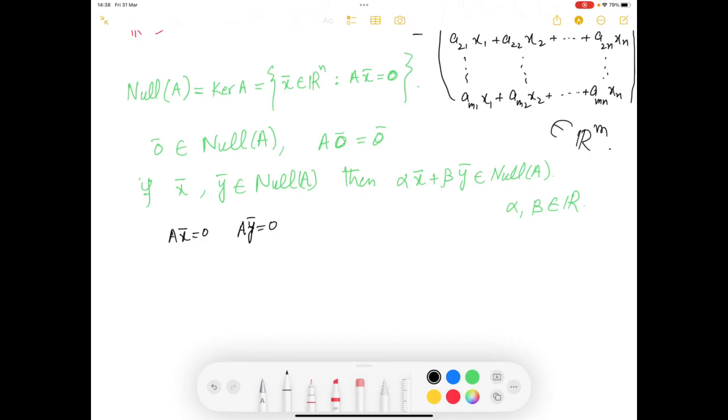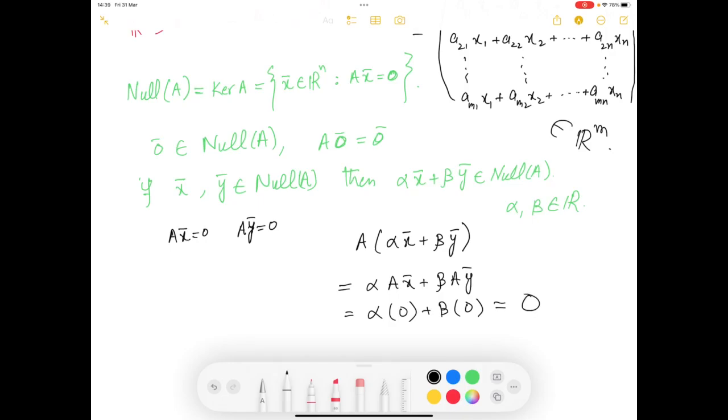Then we multiply A with alpha times x plus beta times y, and this is equal to alpha times A x plus beta times A y, which is alpha times 0 plus beta times 0, and we get a 0 vector.